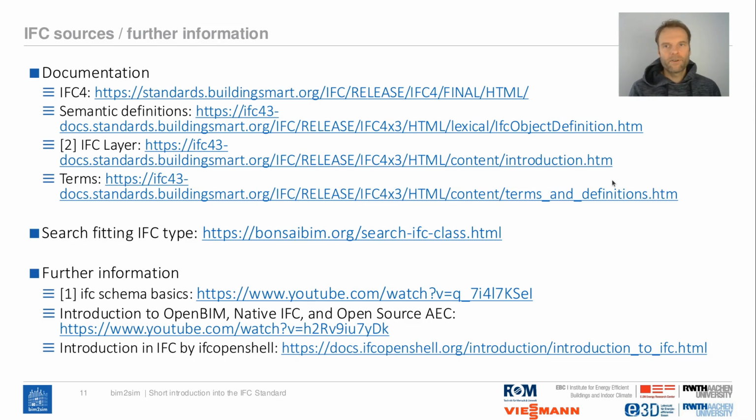So every term I used before, like object definition or object, is defined, and here you find the text of this definition. Another problem you often run into when you work with IFC or when you're modeling is that you don't know the official type name. So what's the best type name? For example, for a boiler, how would be the official type name, and therefore you can use this link.